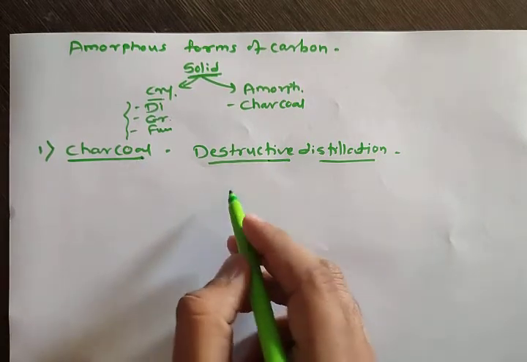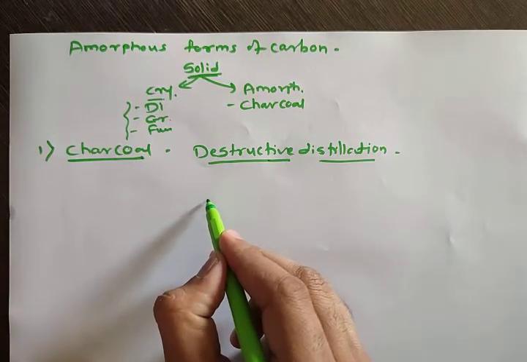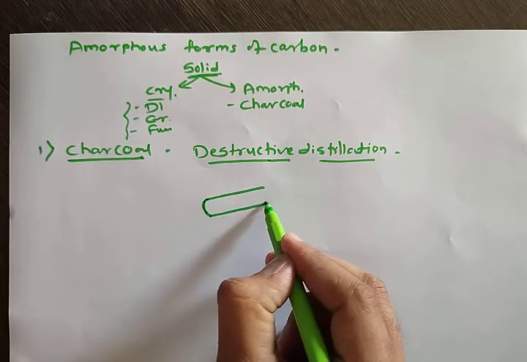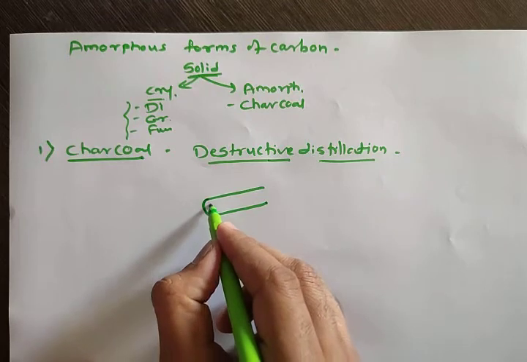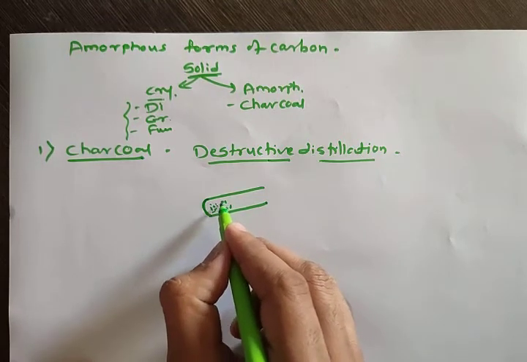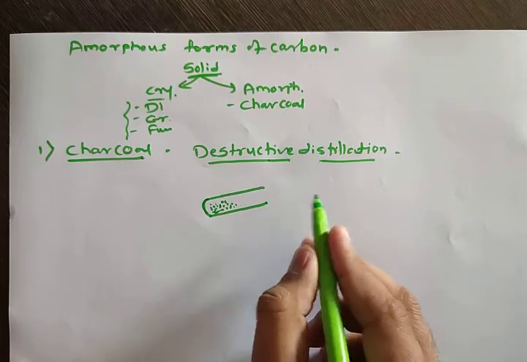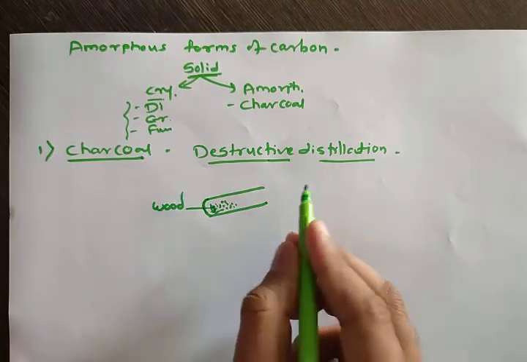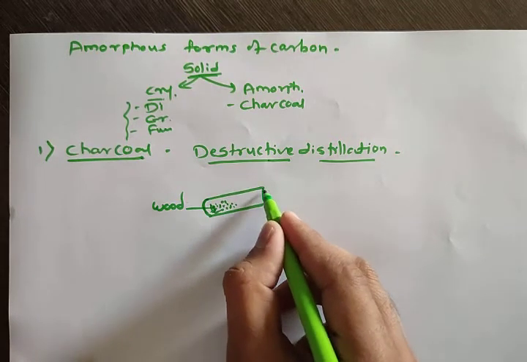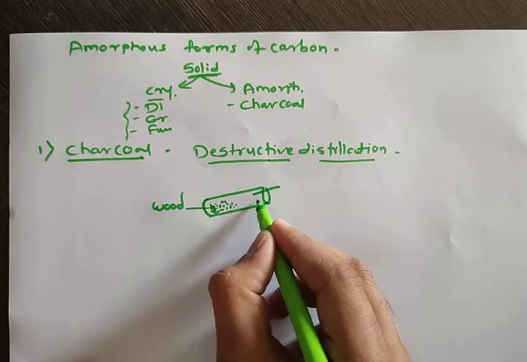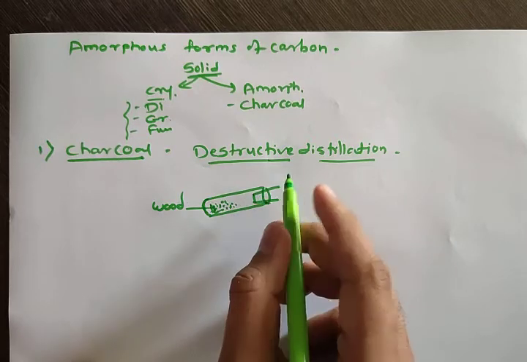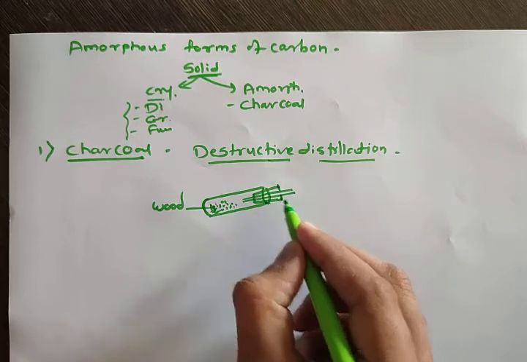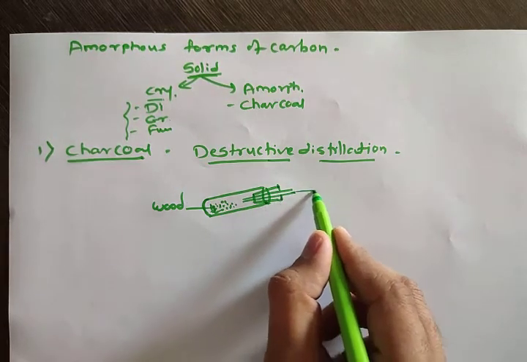Suppose we have taken wood. Suppose we have taken a hard glass test tube, and in this test tube we have taken pieces of wood. Then we covered this test tube with a rubber cork, and through this rubber cork one tube is placed.